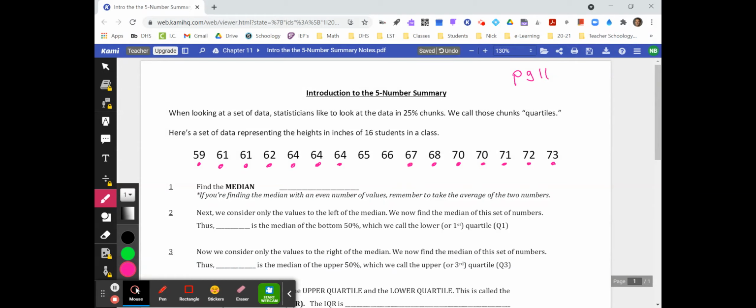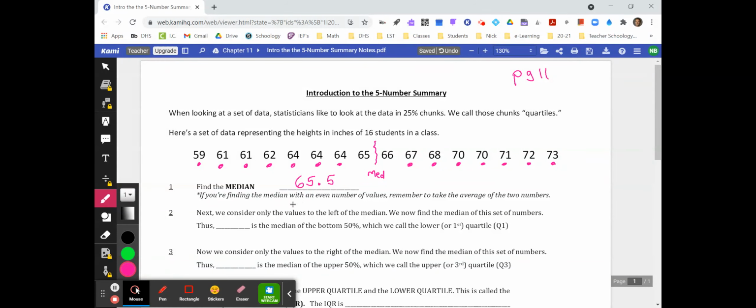And here's our two middle numbers there. So right there is going to be our median. And then our median is going to be the average of those two numbers in the middle. So 65 plus 66 divided by 2 will give us a median of 65.5.